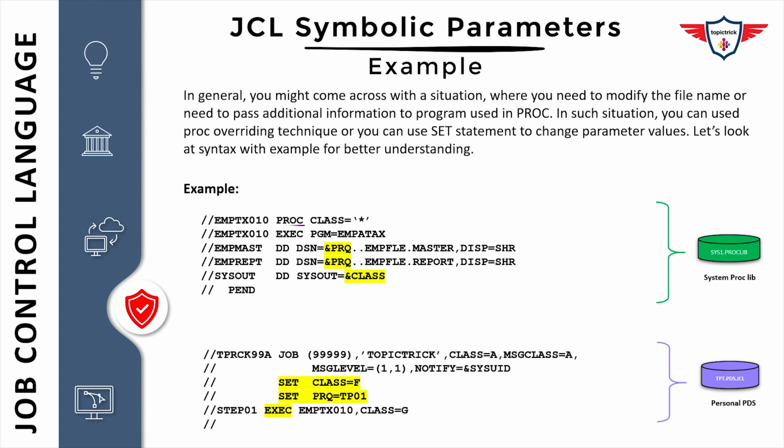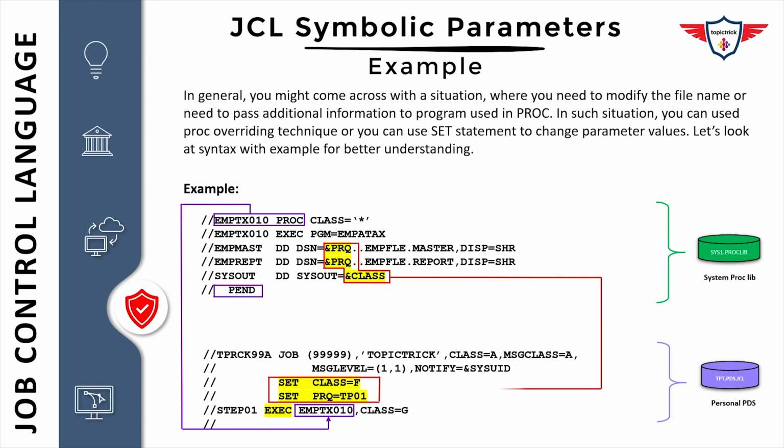So again, I've used the same catalog procedure and a sample JCL to call that particular catalog procedure. If you notice, I've used two symbolic parameters, first one is &PRQ and the second one is &class. And if you notice the JCL, I've used the set statement to assign values to these symbolic parameters, and similarly I have used asterisk as a default value of the class parameter, which is already highlighted with a green color, right?